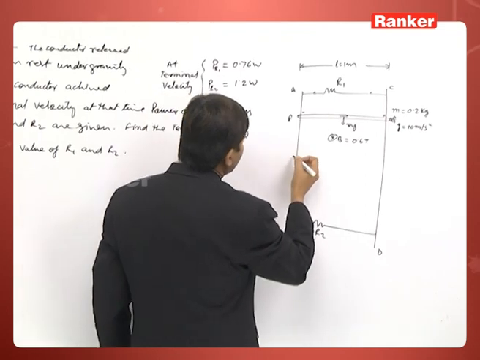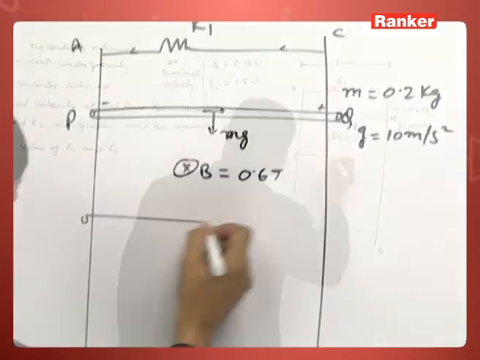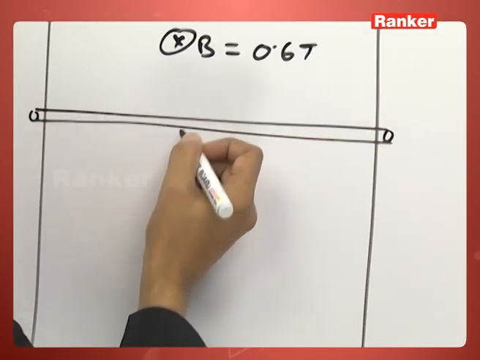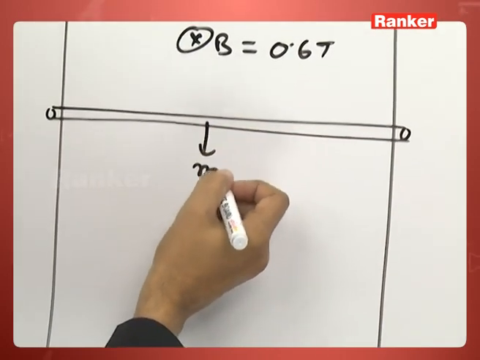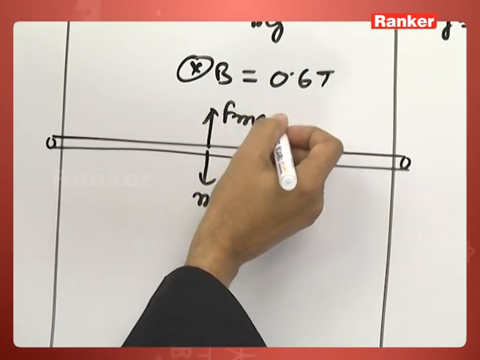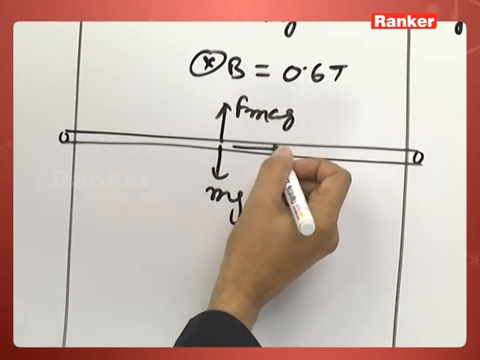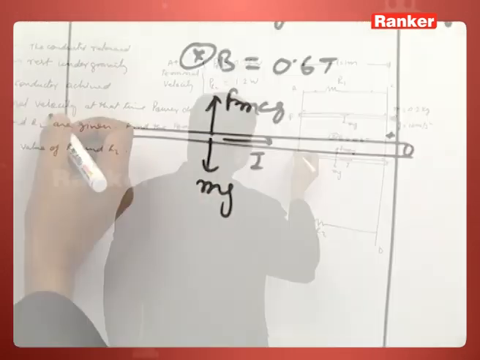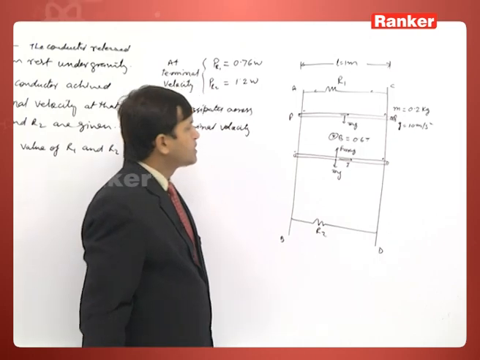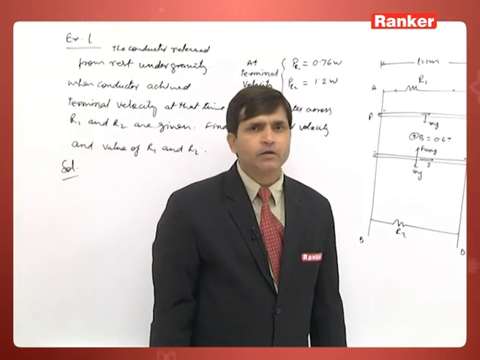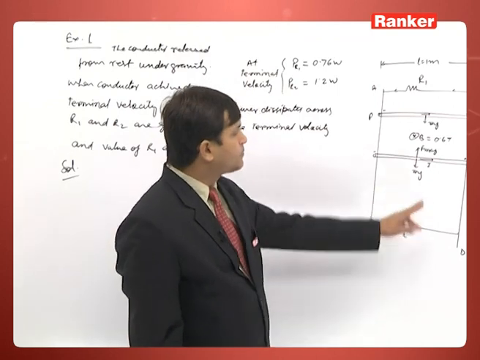So what is happening here? All the things are going on simultaneously. mg starts acting, immediately the magnetic force F is also there, and the current is in this direction, and this is the higher potential, this is the lower potential. The important point here: when we talk about terminal velocity, the net force is 0.